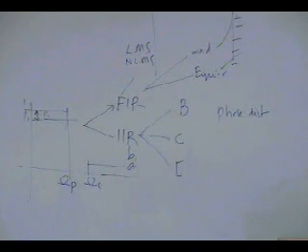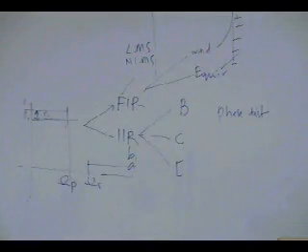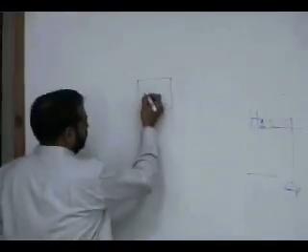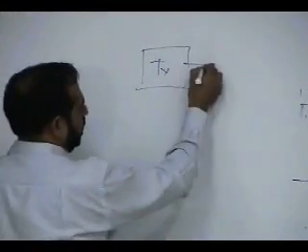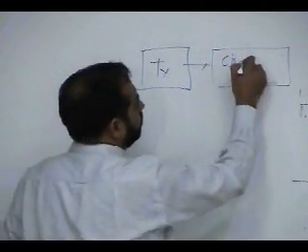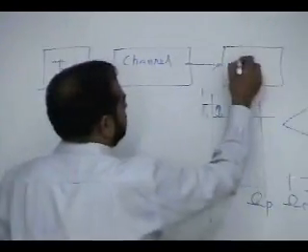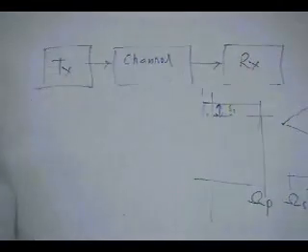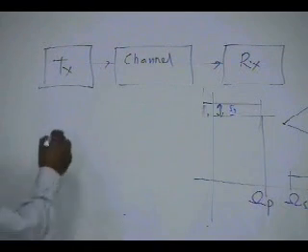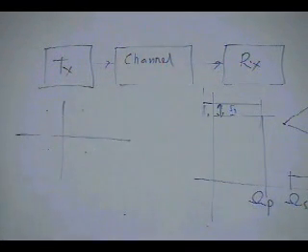So in LMS, least mean square, you compute an error. Usually you have a transmitter, and what you transmit goes through a channel, and then you receive it. From a digital communication perspective, what you transmit is a signal, a bit.